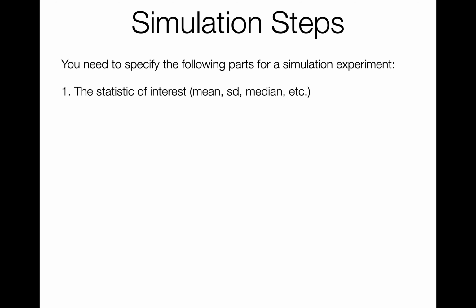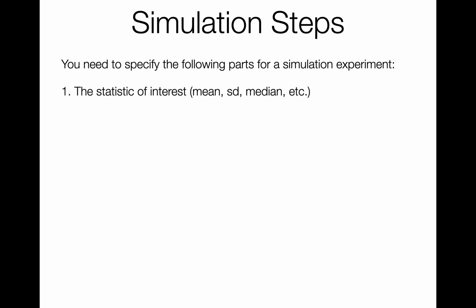You need what statistic you're interested in. It could be the mean, the proportion, the standard deviation, the median. Any summary of data is a statistic, and every single one has a sampling distribution associated with it.